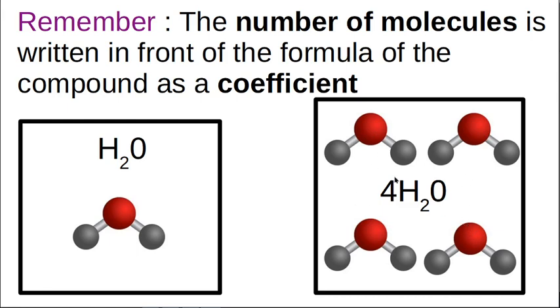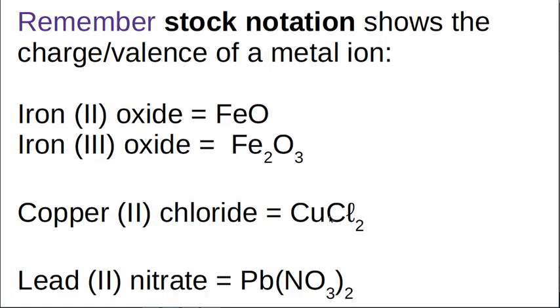So I've got 4 molecules of water, but inside my 4 molecules of water, I've got 8 hydrogen atoms and 4 oxygen atoms. This is where you have to remember what the coefficient is doing. The coefficient outside is multiplying all the atoms inside. 1 H2O, 4 H2O. This needs to be very clear in your mind before we start balancing.